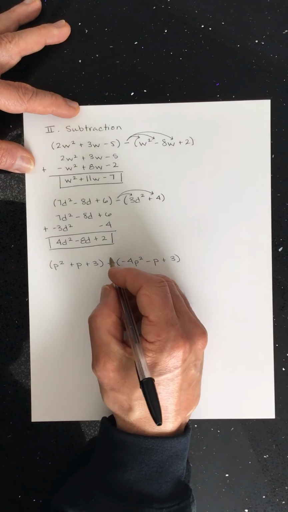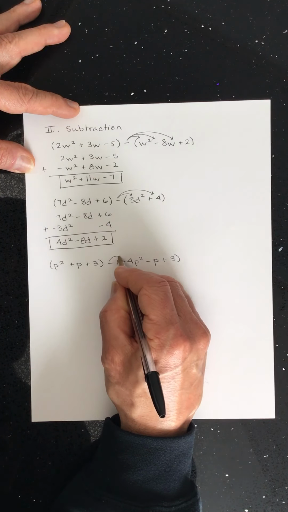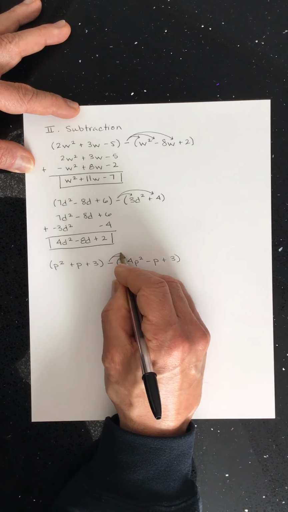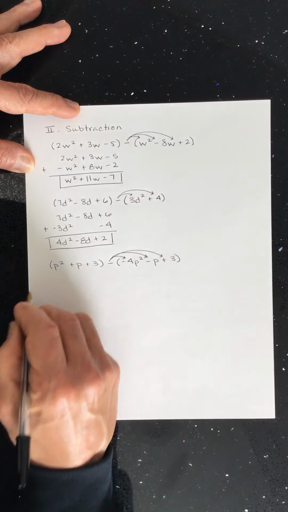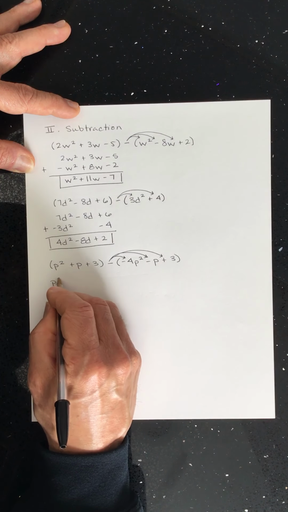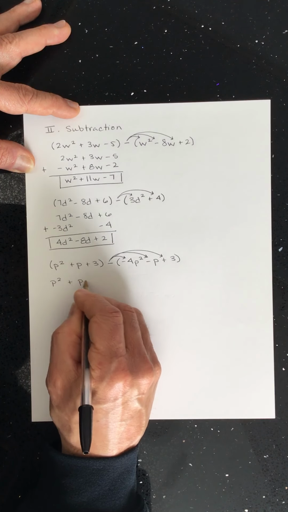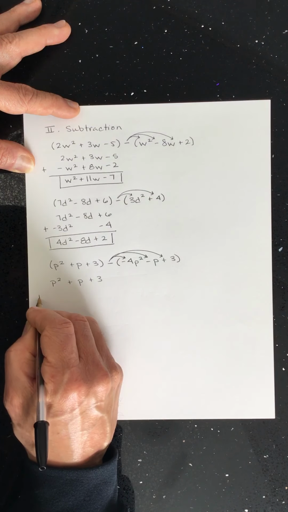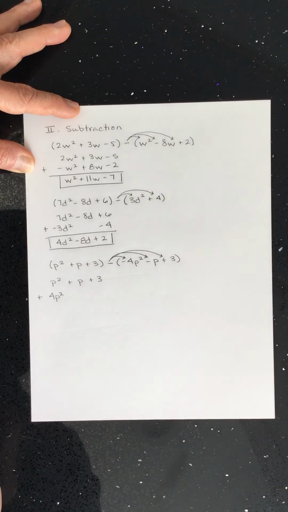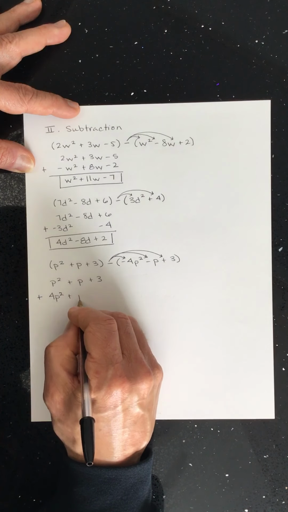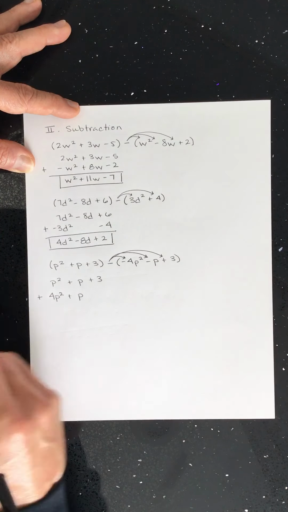So what I've done here is I've distributed this negative to all three terms, right, or throughout the expression. So here's my p squared plus p plus 3. And again, we're adding the opposite.